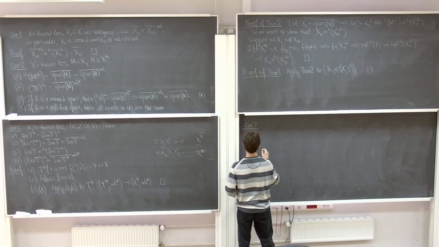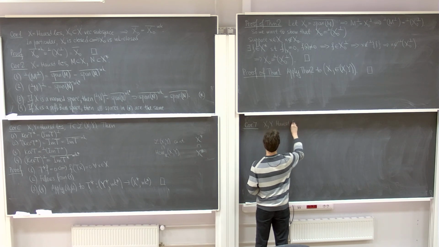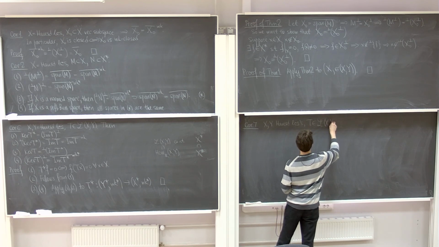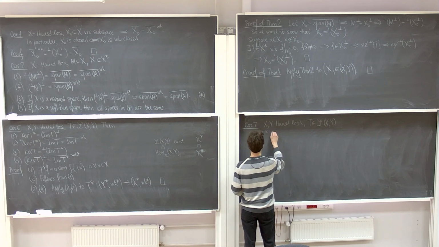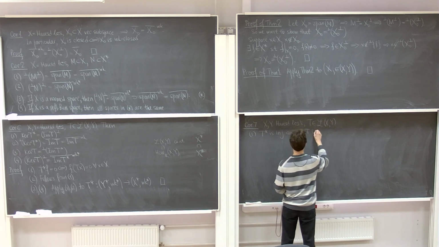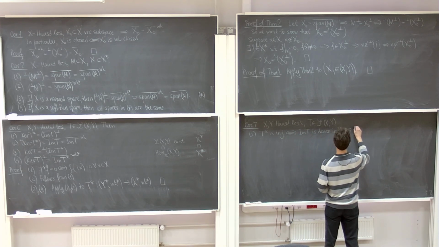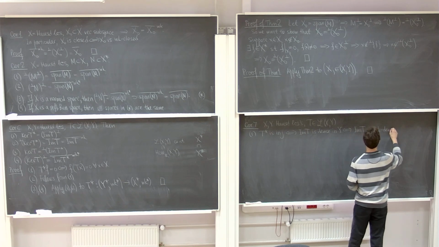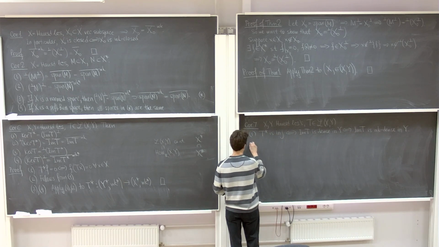Again, suppose that X and Y are Hausdorff locally convex spaces, and T is a continuous linear operator from X to Y. Then T star is injective if and only if the image of T is dense in Y. And this happens if and only if this image is weakly dense in Y. And we also have a dual statement.